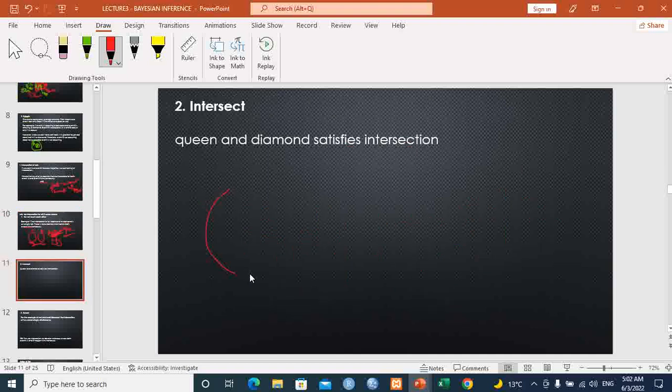If we have event A and event B, let's say event A is drawing a queen and B is drawing a diamond. How many queen diamonds do you have? Is it possible to have that from a standard deck of playing cards? What is the set of having queen and diamond together?